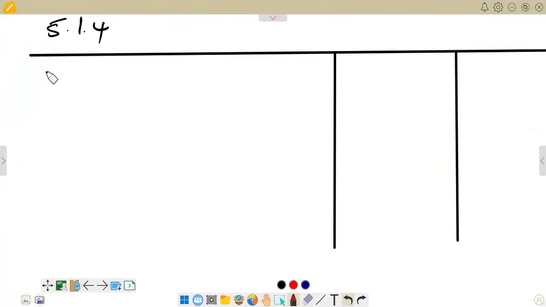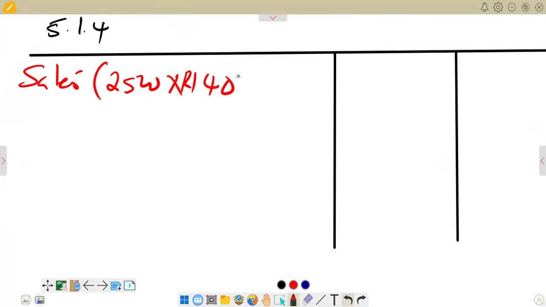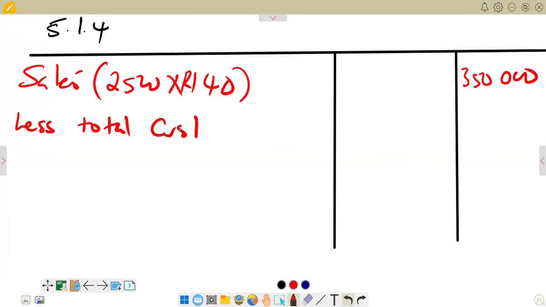So here we are saying sales. Sales at break-even point, we are saying at the break-even point we have 2,500 units. Then we multiply by selling price per unit, which is 140. And obviously we multiply the two. The answer that we are supposed to get is 350,000. And then we are going to less total cost.